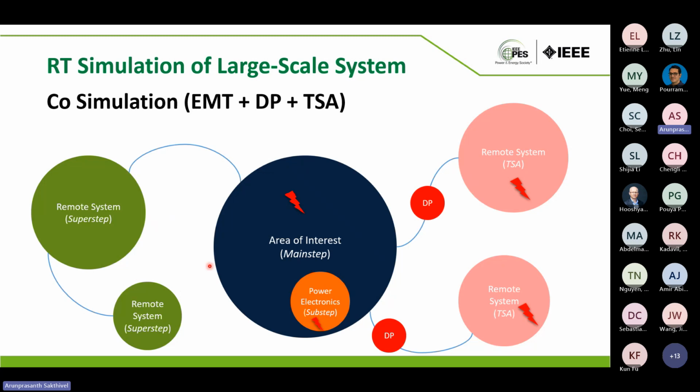On the second option, RTDS also has a TSA simulation option, which can be used to model a very large power system. Again, the area of interest is going to have power electronics in substep and main step. Then it can be connected to a remote system in superstep, as well as a remote system modeled in a transient stability type solution.